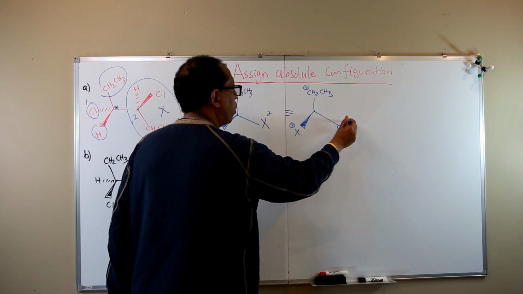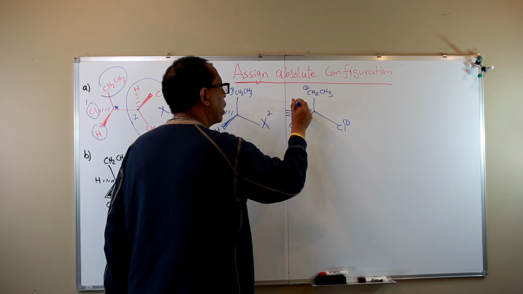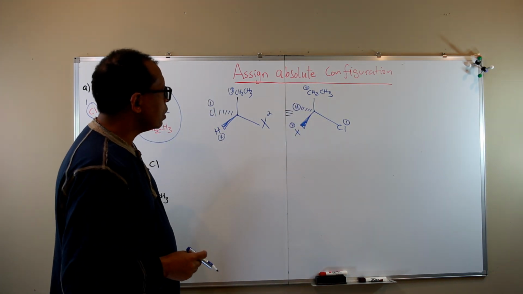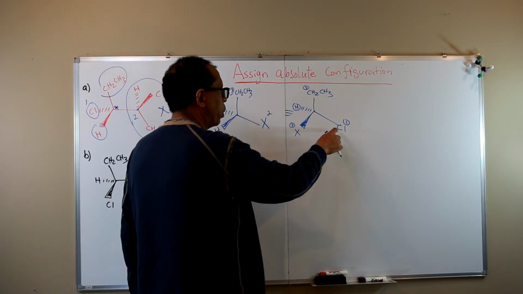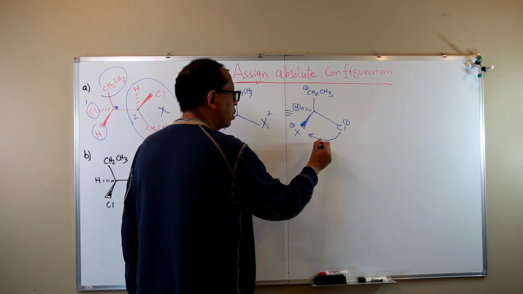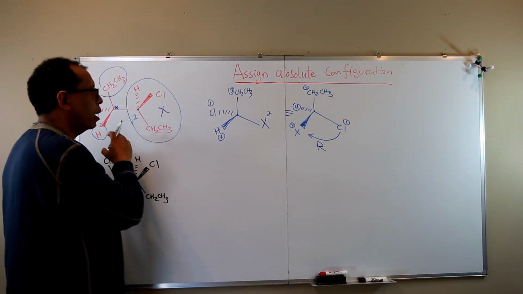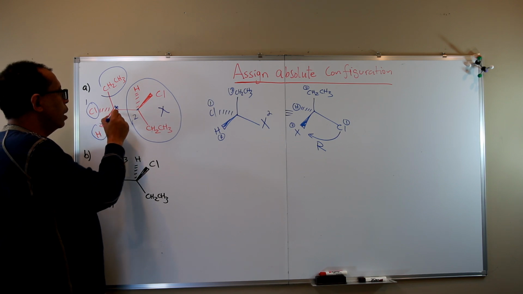That is the chlorine 1 position, and of course hydrogen is at the back, so we'll leave it as such. So now it's much easier to assign this. We are going from 1 to 2, so that position is R configuration. So the assignment of that carbon right there is an R carbon.